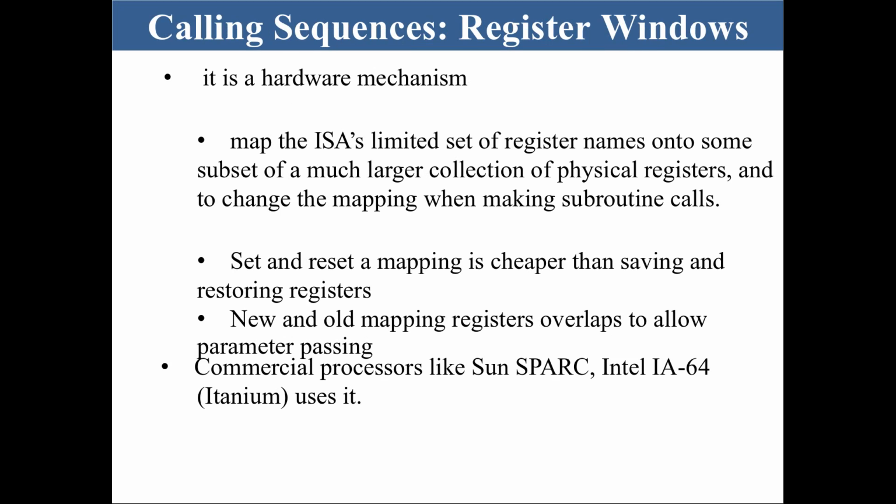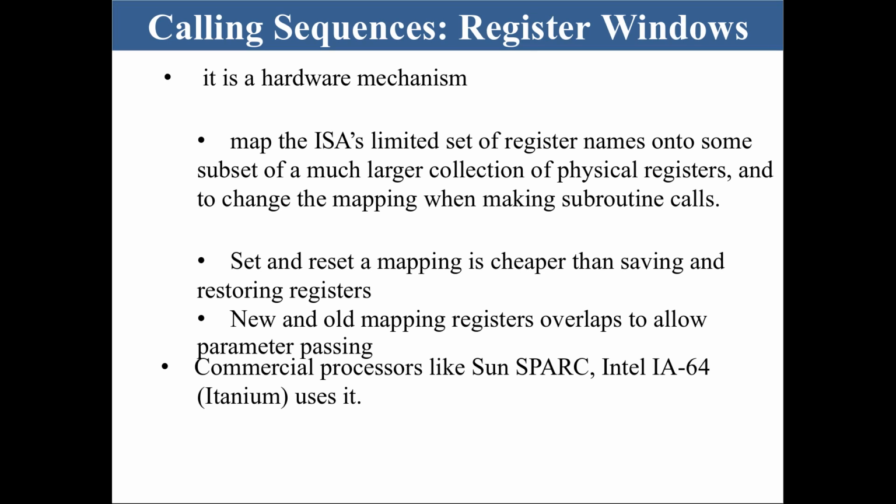Next is register windows. An alternative way to save and restore registers on subroutine calls and returns is a hardware mechanism known as register windows. The basic idea here is to map the instruction set architecture's, ISA's, limited set of register names onto some subset of a much larger collection of physical registers, and to change the mapping when making subroutine calls.